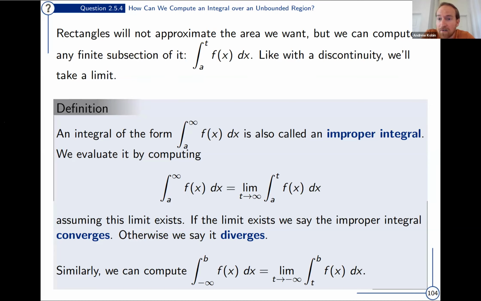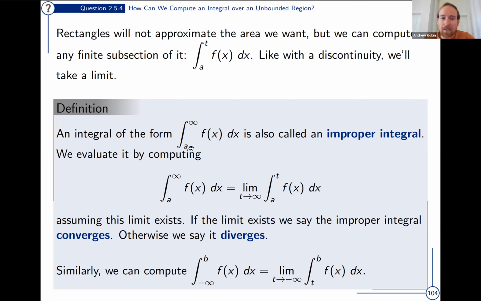And like we did with discontinuities, if we take a limit to resolve this issue, and then hopefully we're able to take the limit of some resulting expression in the end, this will give meaning to that integral symbol. We'll call this an infinite improper integral. You can think of this as sort of a horizontally improper integral, or something like a horizontal asymptote we're trying to compute along.